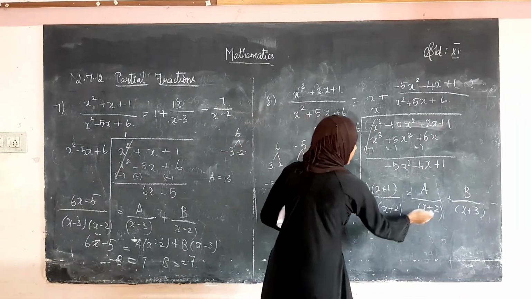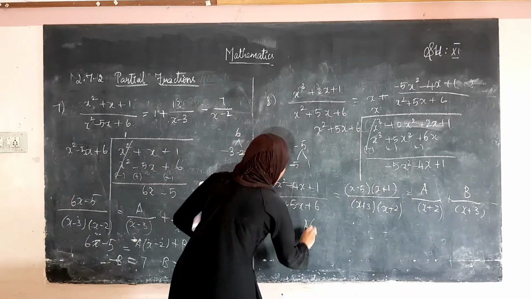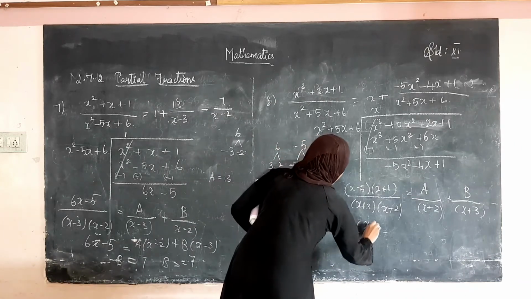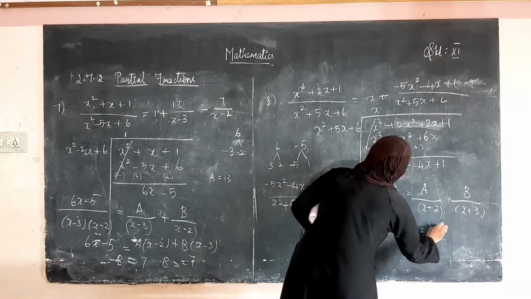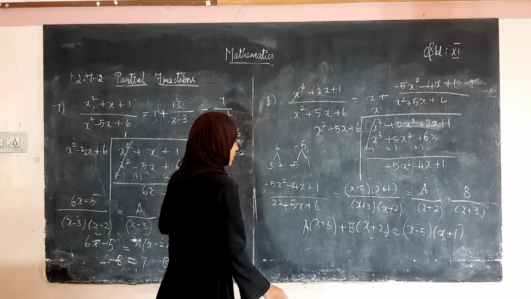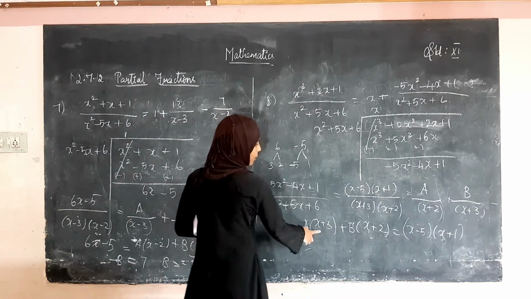On taking LCM, then you have to equate the numerator. What will be the numerator? a into x plus 3 plus b into x plus 2 is equal to x minus 5 into x plus 1. Okay. So when x is equal to minus 3, this term becomes 0.